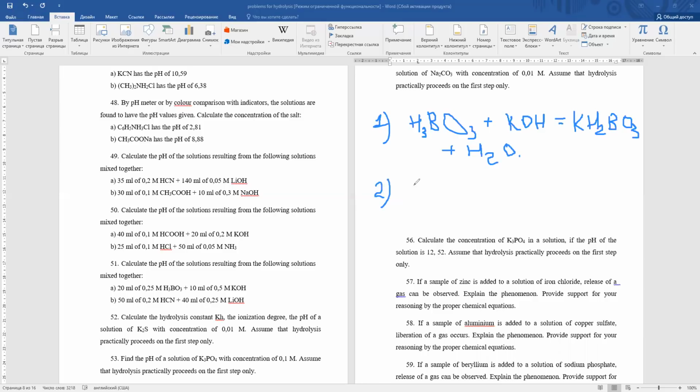For the second stage, we have to add 1 mole extra potassium hydroxide.